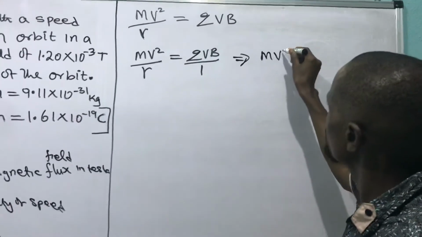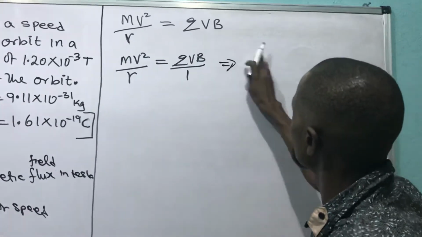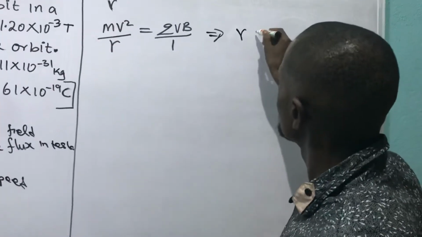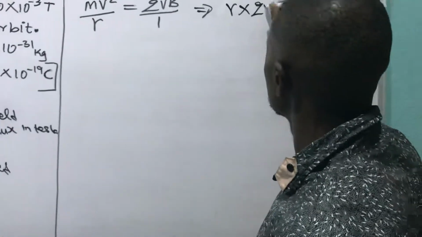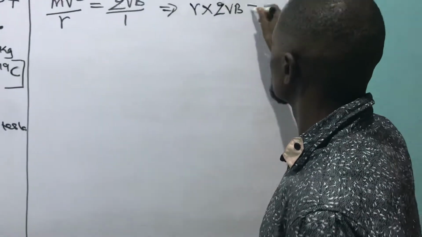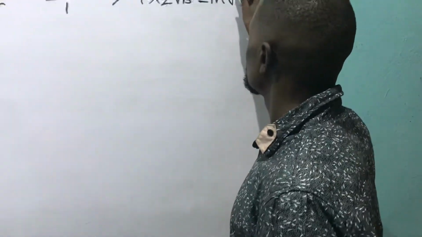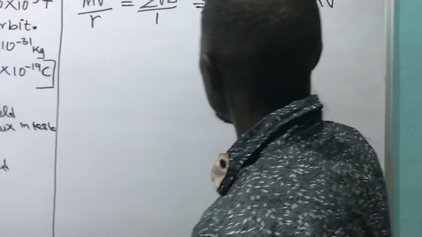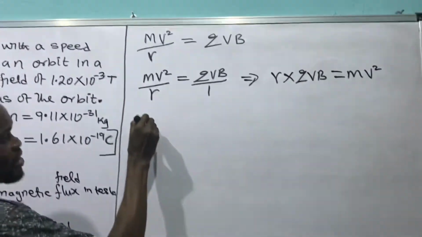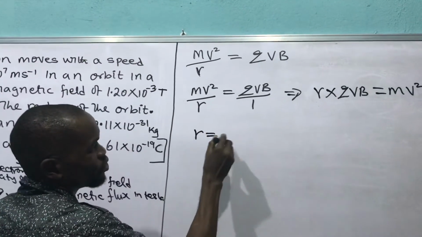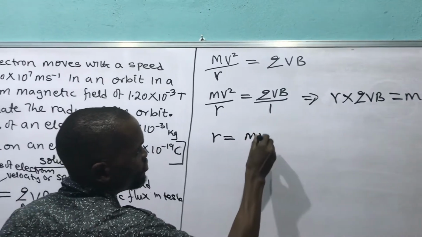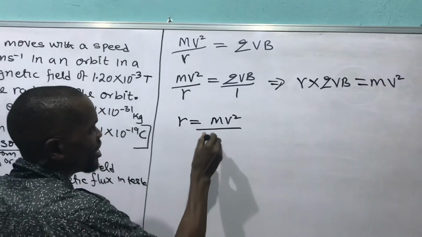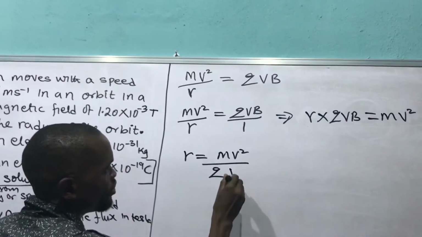This implies that r times qvB is equal to mv squared. Making r the subject of the formula, r is equal to mv squared all over qvB.